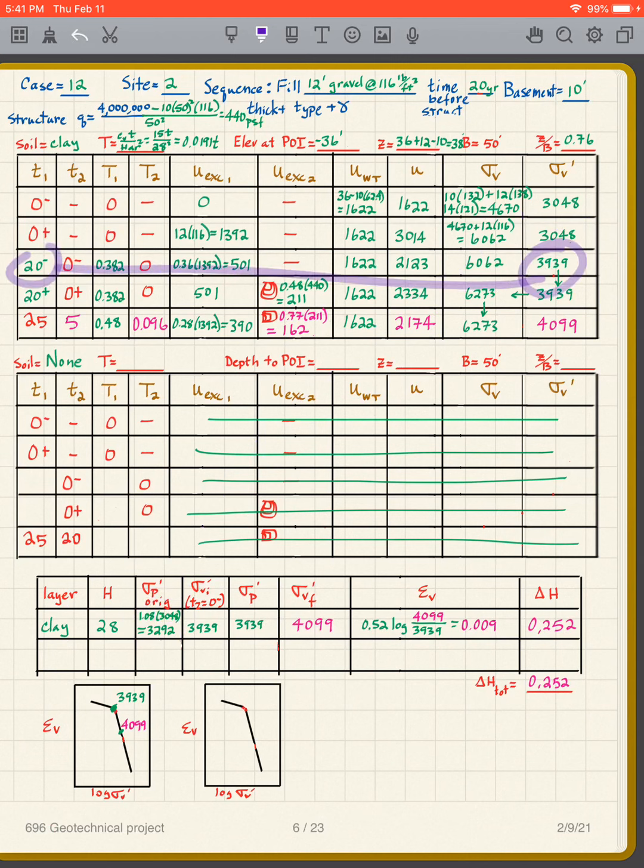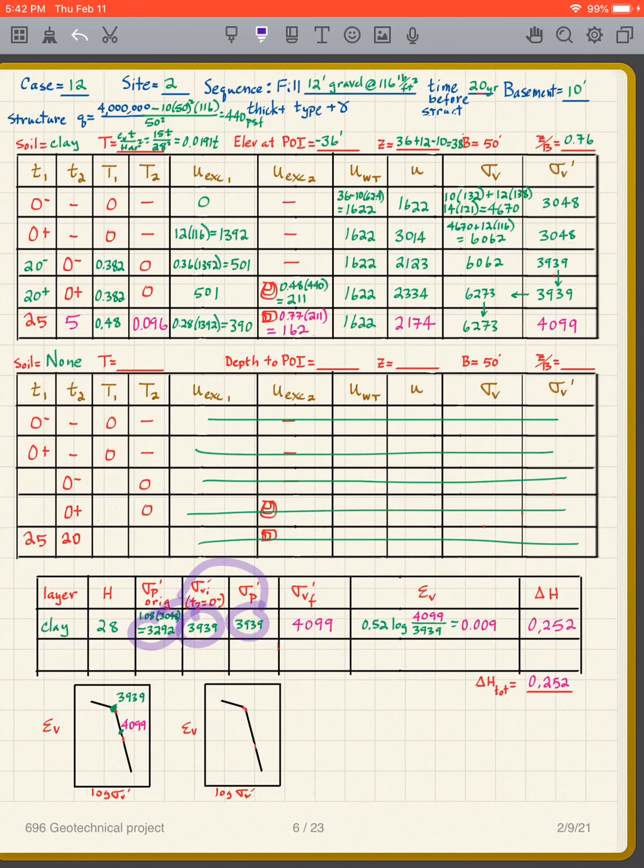And so my sigma V prime, Z prime I, is that. So I have now increased my effective stress. So I take the larger of these two, I compare this one to this one, and I take the biggest one, and that goes there.